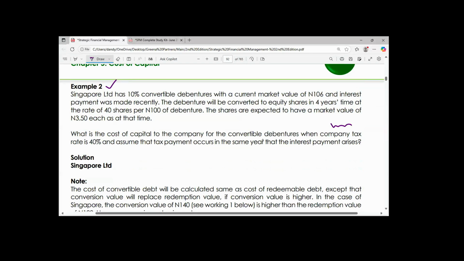The shares are expected to have a market value of 3 naira 50 kobo each at that time. What is the cost of capital to the company for the convertible debentures when the company tax rate is 40%? And assume that tax payment occurs in the same year that the interest payment arises.